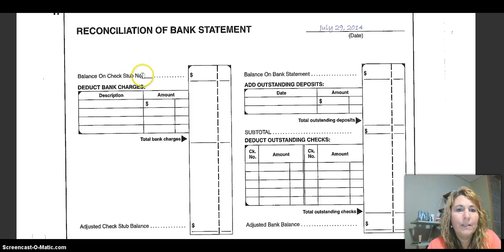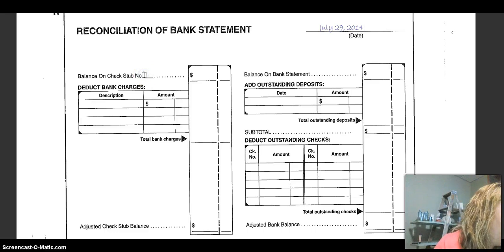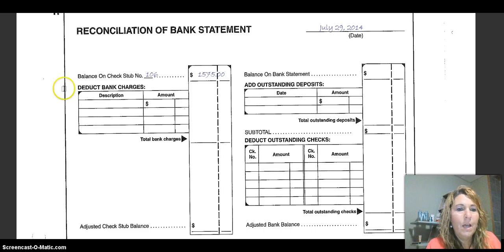Okay, balance on the next unused check stub. In your book, it says the next unused check stub is number 106, and the balance shown on it is $1,575. Okay, is there any bank service charges?